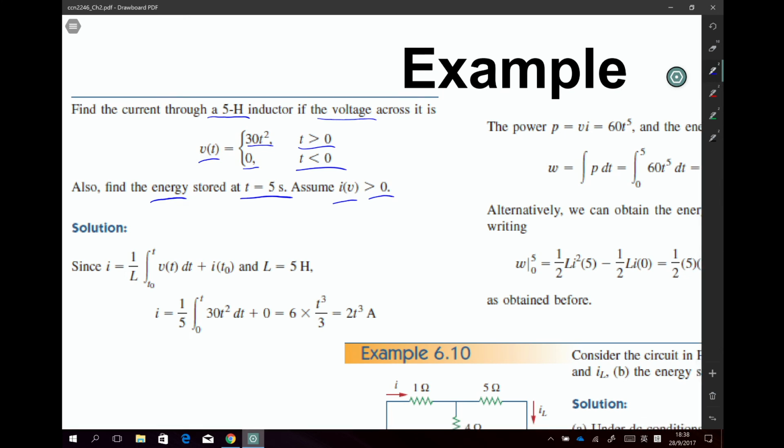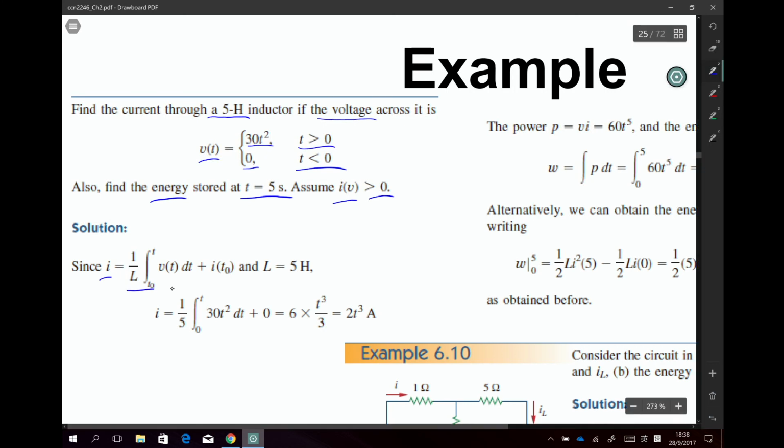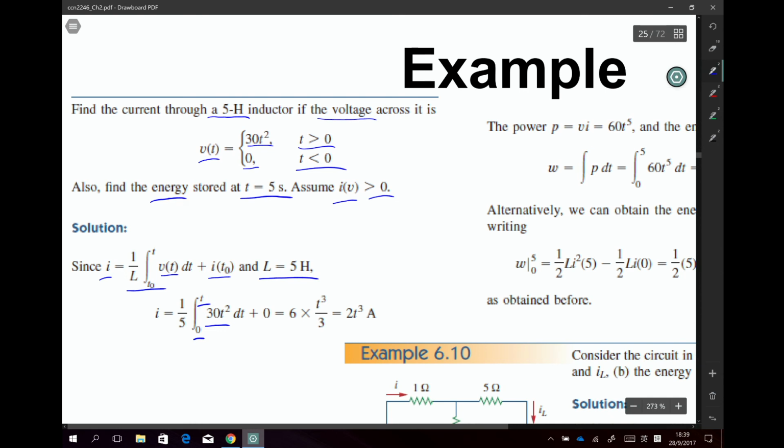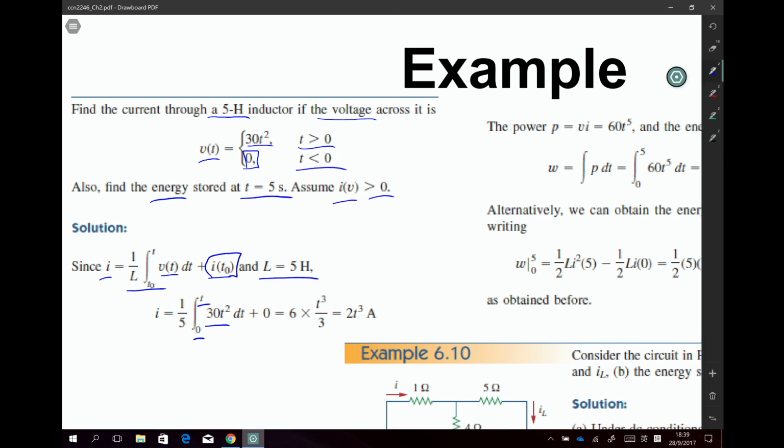We know that the IV characteristic of the inductor is given by i equals 1 over L integral of v(t) dt plus i(t0), and L equals 5 henry. You substitute the voltage function 30t squared and integrate from 0 to t, because for t less than 0 it is 0. For i(t0), you consider that the current initially passing through the inductor is 0.